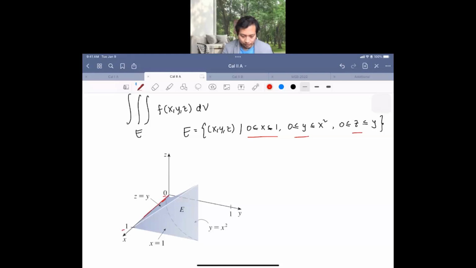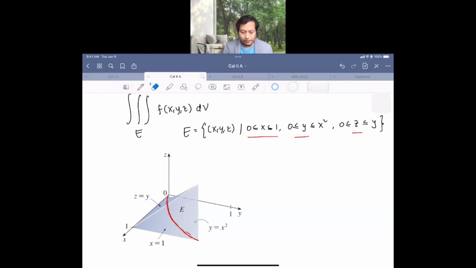Okay, this is the point that we are going to evaluate. And then for y, this is x equal 1, and this is y equal x squared here.